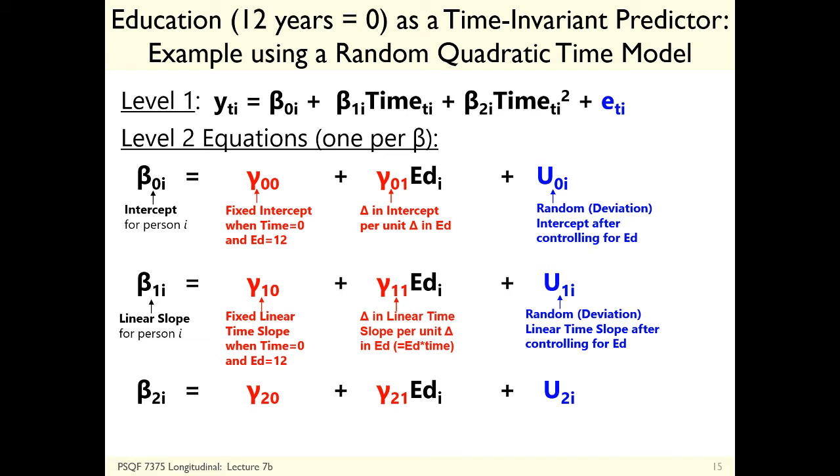So anybody who has the same education as someone else gets the same predicted linear time slope. U1 is then how far off the time slope still is for you after controlling for education. So if education matters in predicting why some people change more quickly, then U1 should have less variance in this model than before we put education in. So education by time should explain random linear time slope variance.